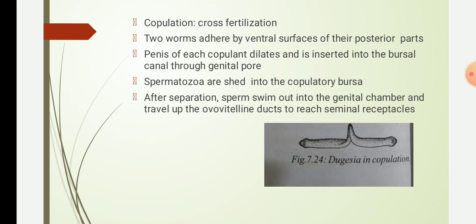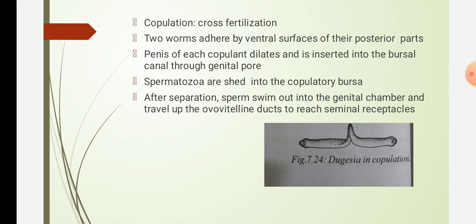The oviducts extend backward, and on their way they receive numerous vitelline ductules from the yolk cum shell glands. There are many yolk cum shell glands scattered along the sides of the body where the vitelline ducts are. These oviducts are also called the ovovitelline ducts.